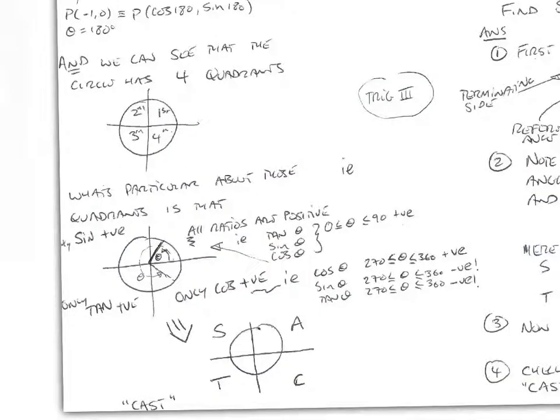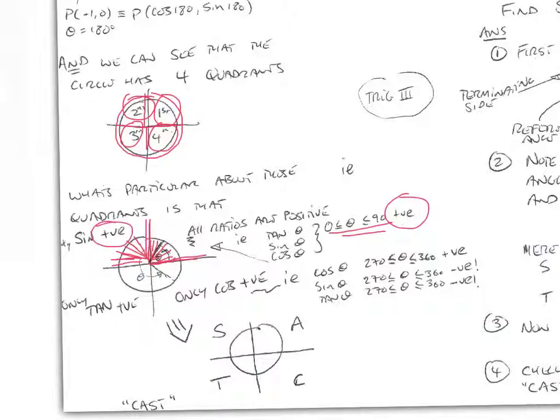It's a good time now to mention that in drawing that unit circle, we can see that it has 4 quarters or quadrants: the first, the second, the third, and the fourth. In this first quadrant, our theta is between 0 and 90, and the tan of any angle in this first quadrant will always be positive. In the second quadrant our angle is between 90 and 180, and here only the sine of any of the angles will give us a positive value.